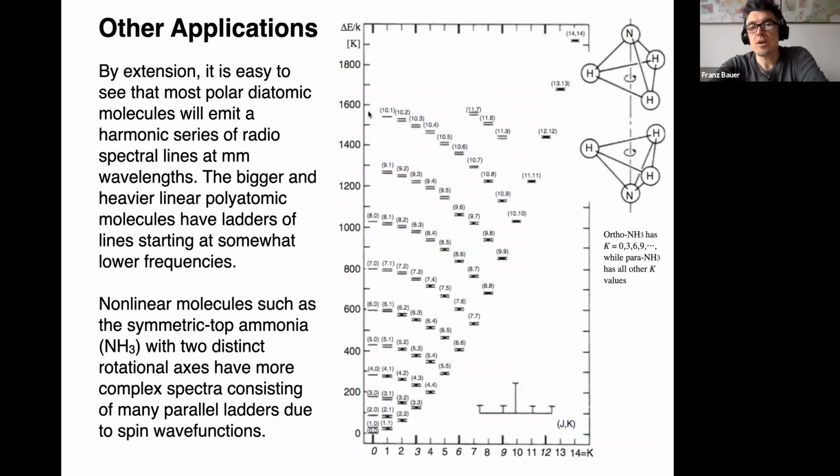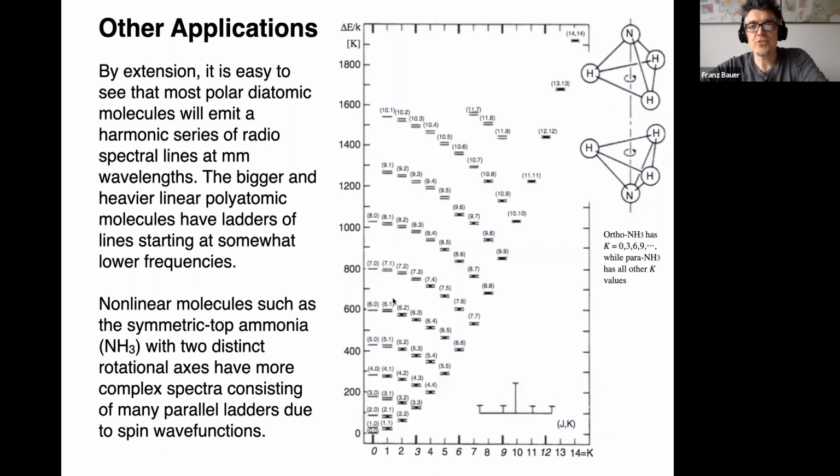Beyond CO, there are other useful tracers, and one of those is ammonia, which is shown here. So this is the emission ladder for ammonia, and this is ortho ammonia. Ammonia has para and ortho modes for the different rotation axes, which can be shown here.